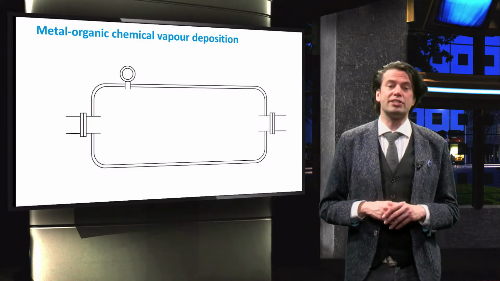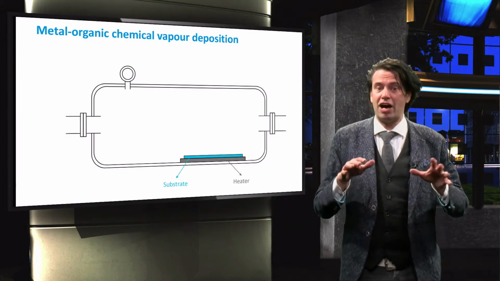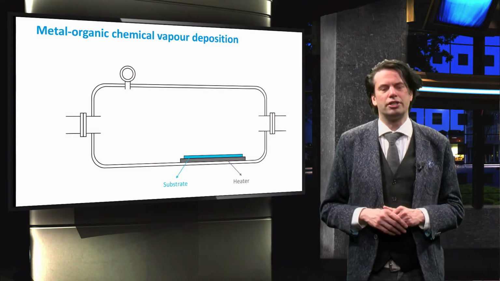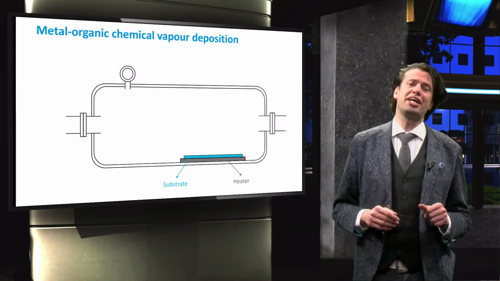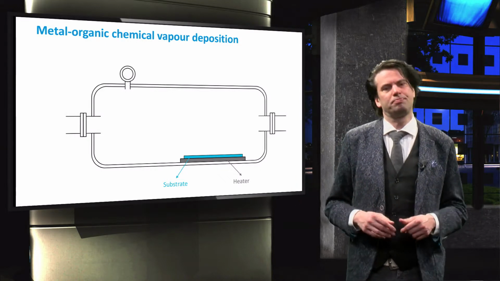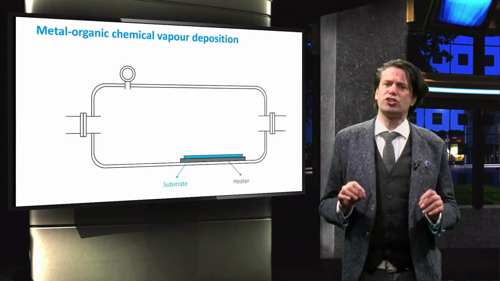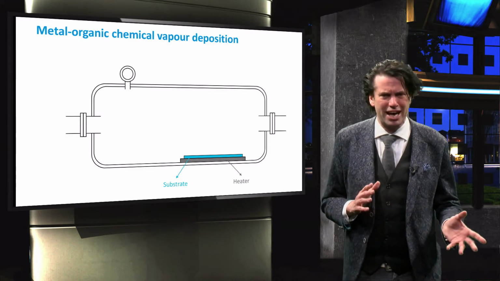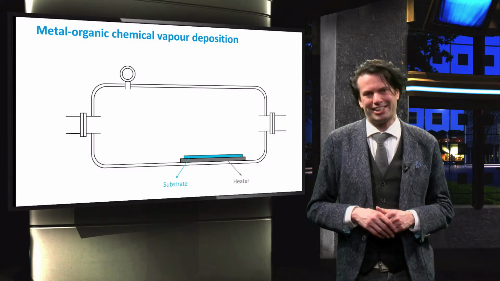The substrate is placed on a heater, which raises the temperature of the substrate to between 500 and 1500 degrees Celsius, depending on the desired material. A gas flow is passed over the substrate containing the precursor gases and a carrier gas like hydrogen or nitrogen. For the deposition of gallium arsenide alloys, the precursor gases usually consist of metal organic molecules containing the target atom with multiple methyl groups or hydrogen atoms attached.